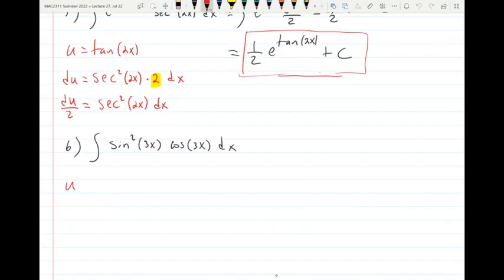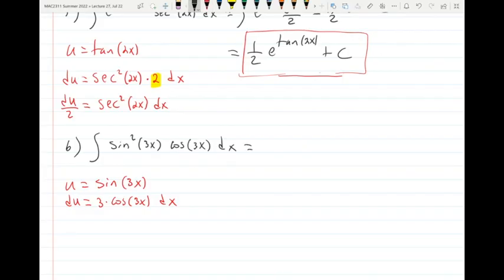So anyways, here what really will work was just letting u equal sine of 3x, because there is sine cosine. I see the cosine right there. Okay, so then du becomes cosine of 3x, but then remember, times 3. Okay, it's chain rule, derivative of the inside, so don't forget the chain rule. All right, so right here you can see then that the cosine of 3x dx is du over 3. I'm just not going to write the extra line.